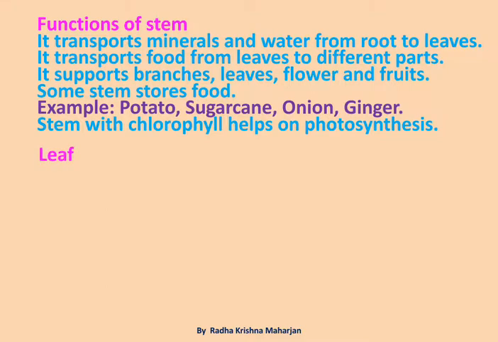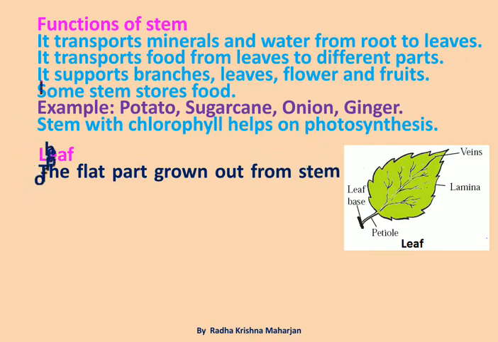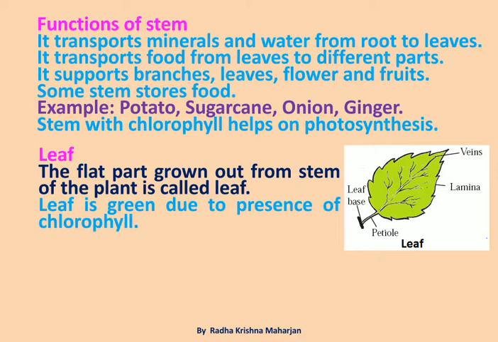Leaf. The flat part grown out from stem of the plant is called leaf. Leaf is green due to presence of chlorophyll.